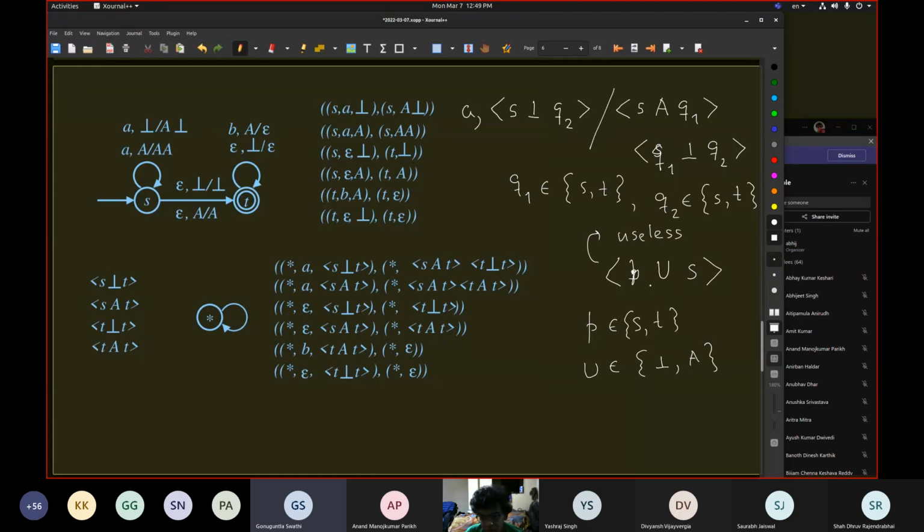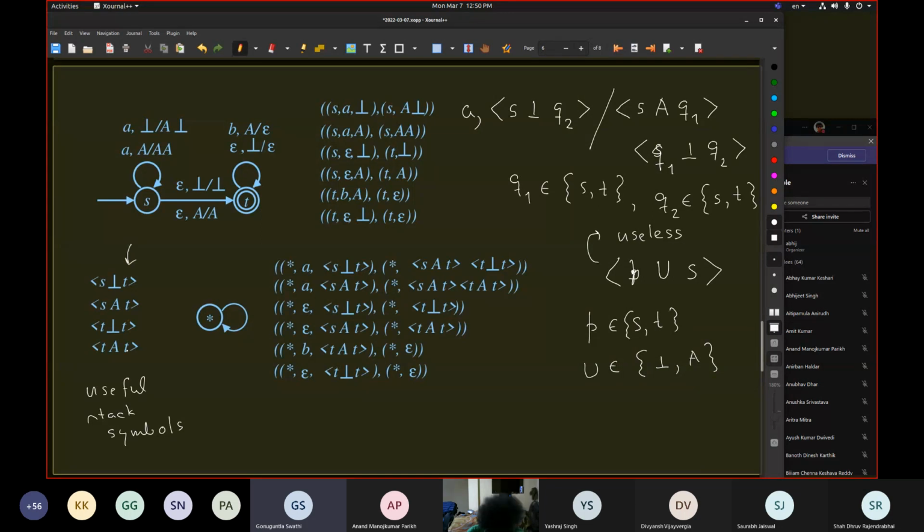Therefore, it turns out that these are the only 4 useful stack symbols. These are useless, so these are the only useful stack symbols. But note that this T is constant here.